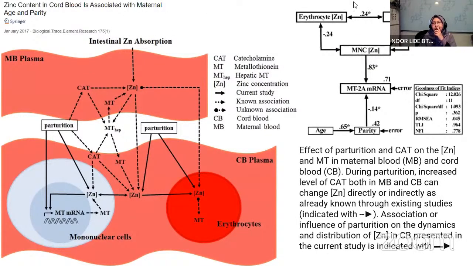What we did was test a model to see how much zinc influences the expression of metallothionein and T2A. This is a possible explanation about the process, and this is an estimate based on the empirical data that have been collected.